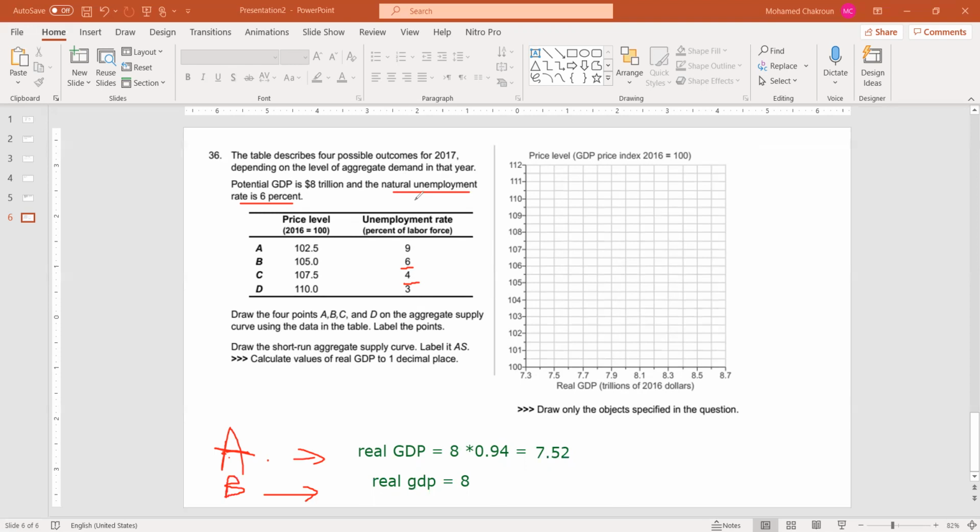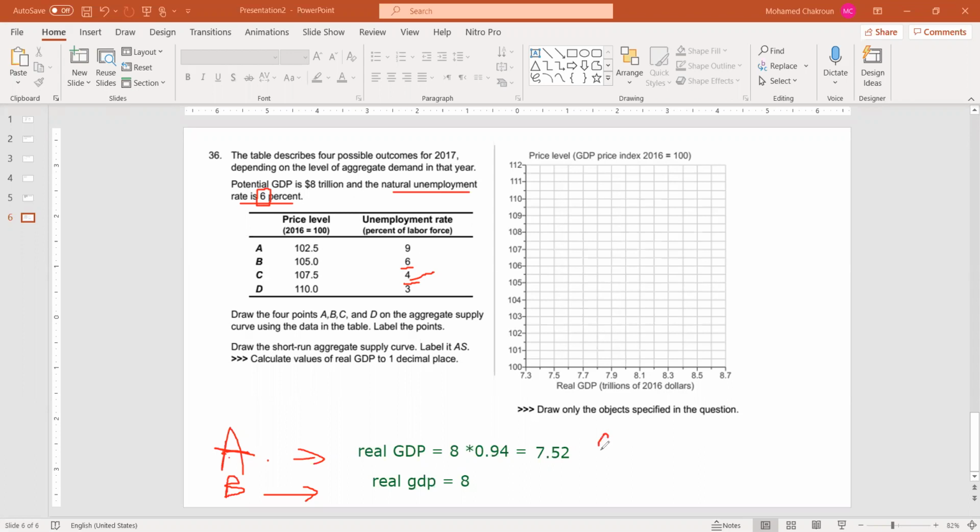So here, because the unemployment rate is 2 points lower than the natural unemployment rate, real GDP will be 4 points higher than potential GDP.